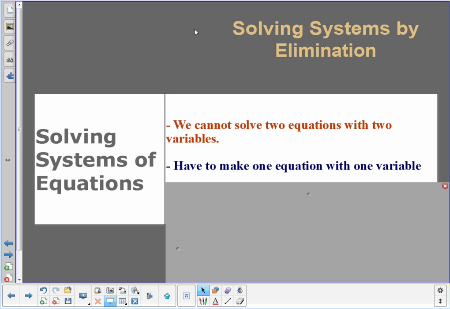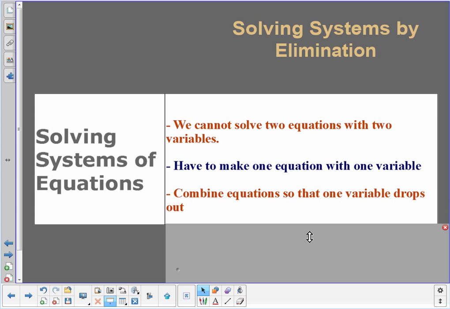Somehow we're going to be manipulating these equations so that we only have one equation with one variable, which means we have to take two equations and combine them somehow. So we're going to be combining equations and manipulating them so that one of the variables drops out.